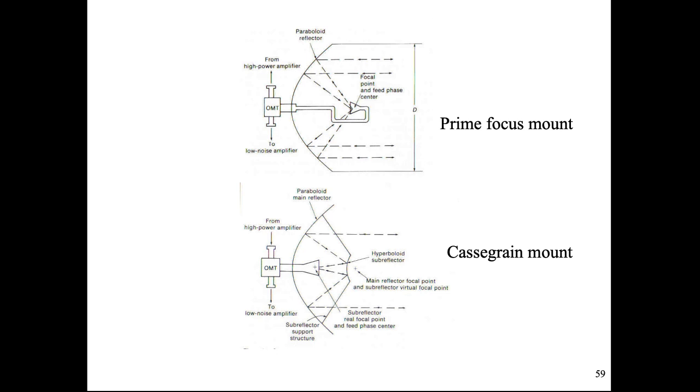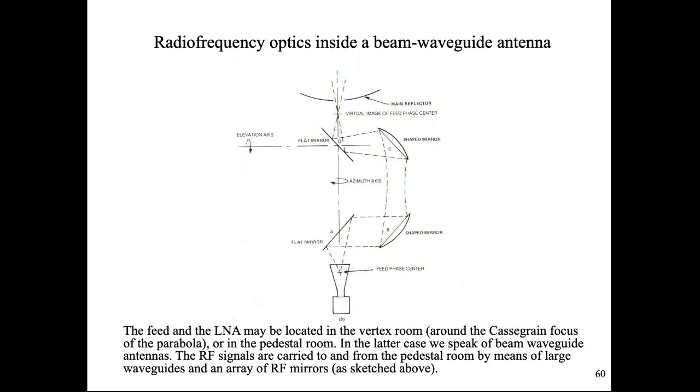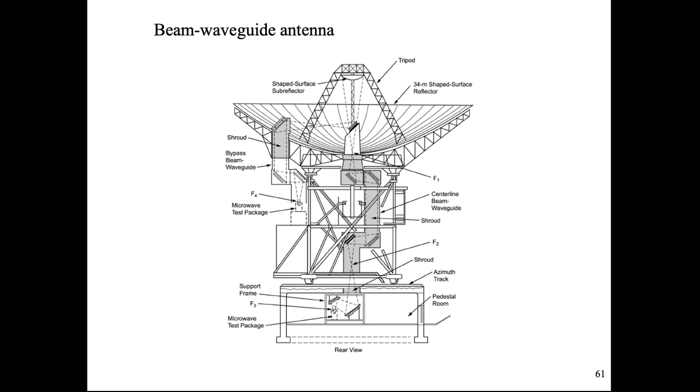This is the same scheme showing the difference between the prime focus mount and the Cassegrain mount. And finally, the beam waveguide antenna. But before showing this, let me show you this diagram, which is more illustrative. This is a beam waveguide.